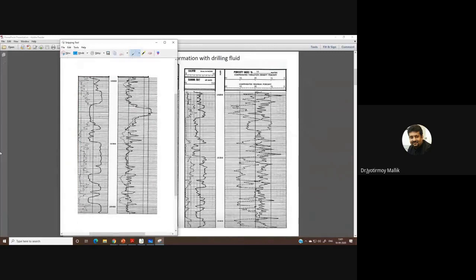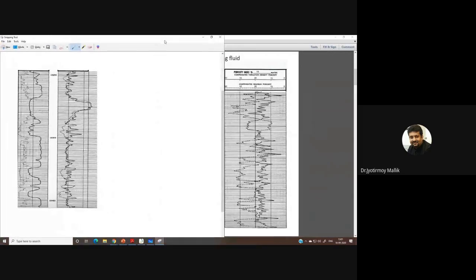Now, if I am here, and I ask you to pick up the sandstone units, then you can say that this is one sandstone unit, with a little bit of shale in between.